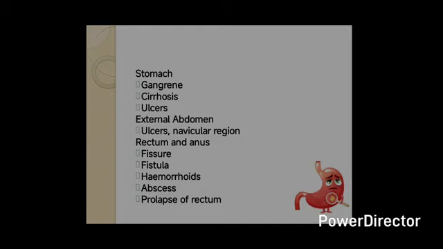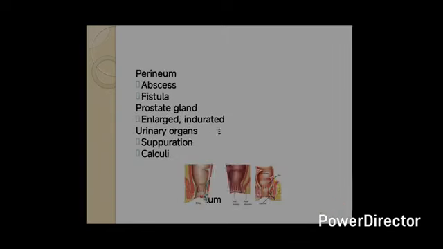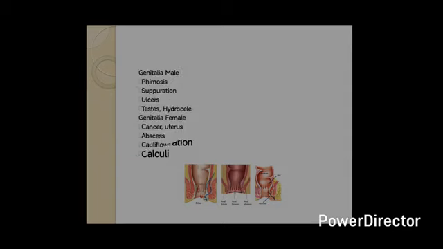And in chapter Rectum and Anus, we have rubrics like fissure, fistula, hemorrhoids, prolapse of rectum. In Perineum, we have abscess, fistula, prostate gland enlargement, and in Urinary Organs, suppuration and calculi. Genitalia male has different rubrics like phimosis, suppuration, ulcers, hydrocele.